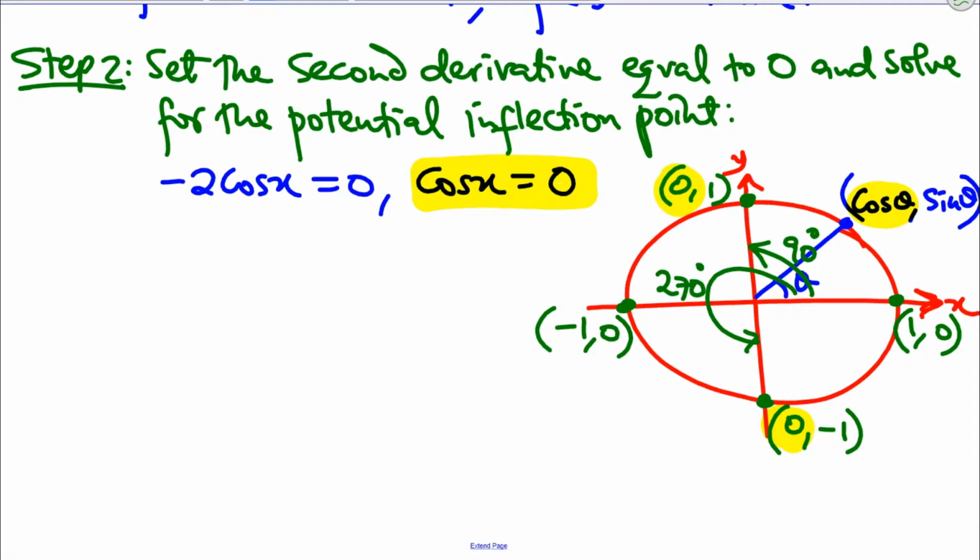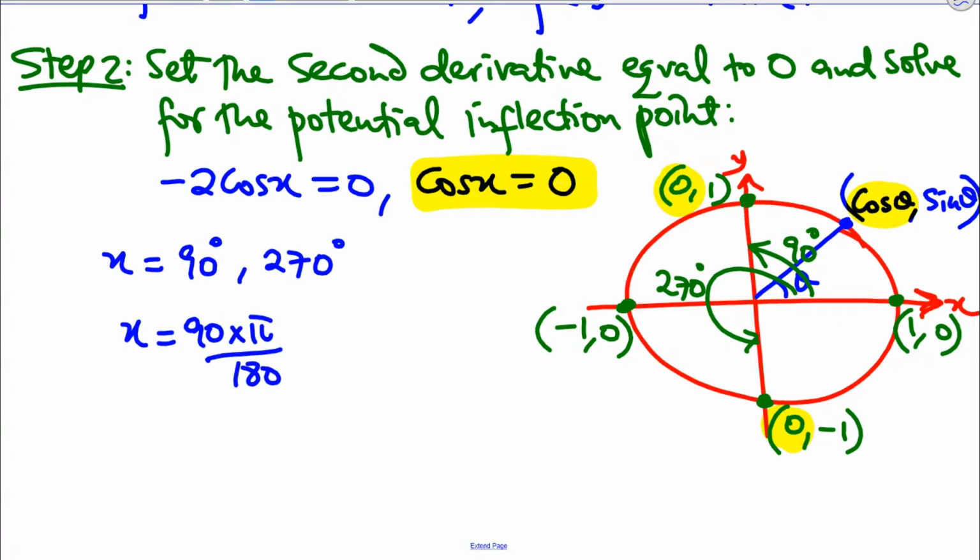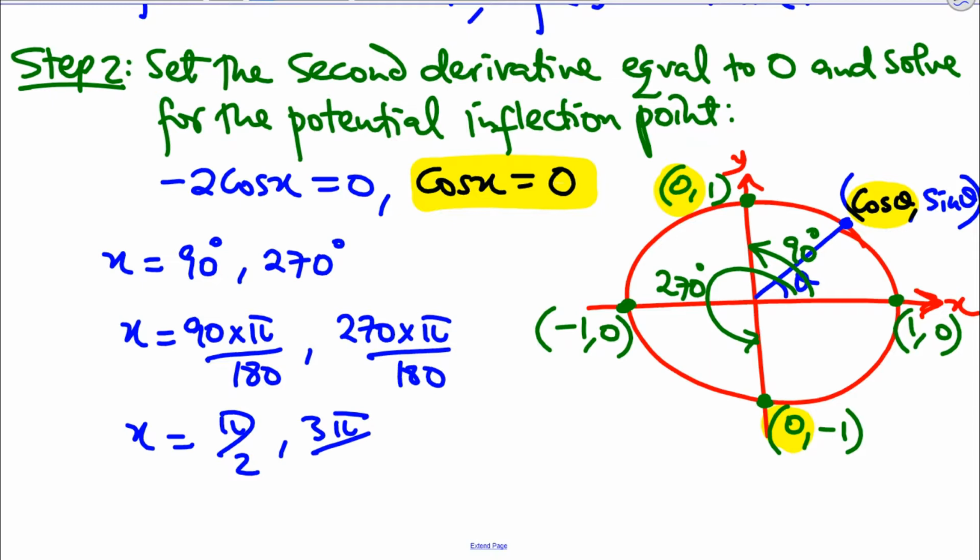So x will be equal to 90 degrees or 270 degrees. But we're working in radians, so x is 90 multiplied by pi over 180, and 270 multiplied by pi over 180, which means x is equal to pi over 2 and 3 pi over 2.